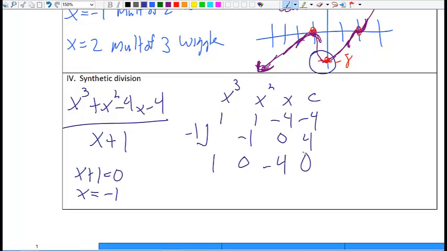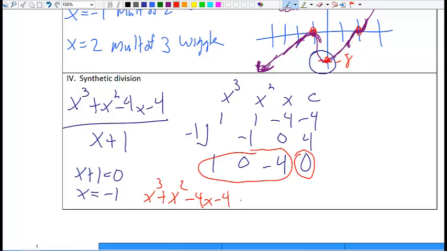Now, this actually told me something. The fact that my last position was 0 says that this evenly divides in, and this piece right here is my result. So if I write this out, x cubed plus x squared minus 4x minus 4 factors into x plus 1, and then this other piece.